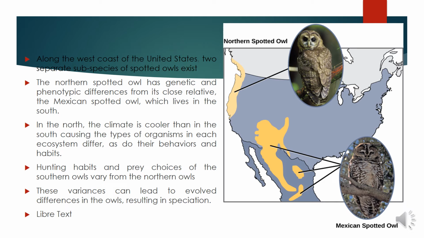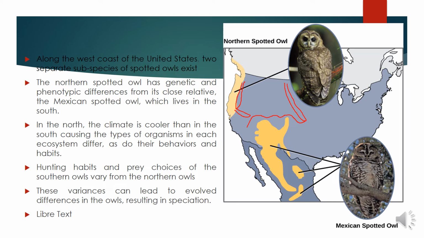There is another example, the spotted owl. Here is the Cascade Range, and we have the Sierra Nevada range here, the Rockies here. I'm not drawing it perfectly, but we have the Grand Canyon somewhere here. So we see that the spotted owls are somewhat isolated by these mountain ranges.